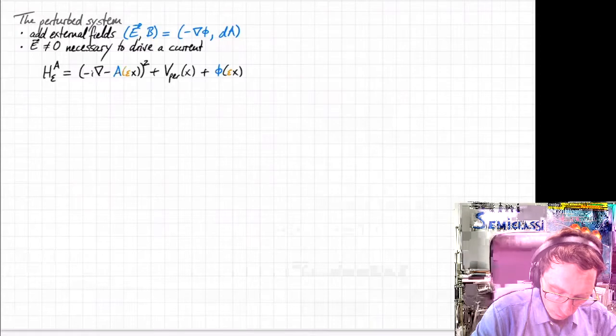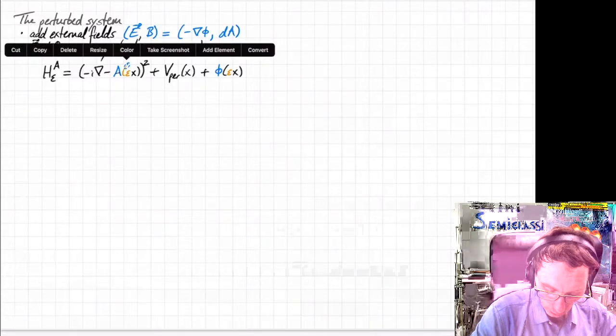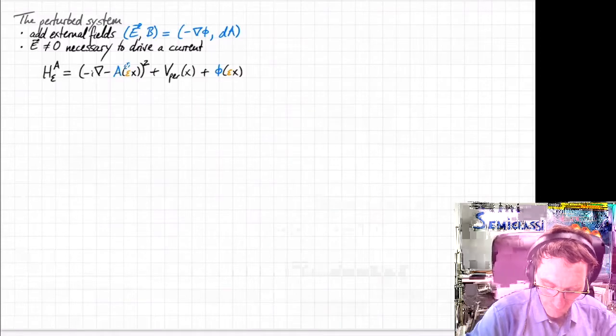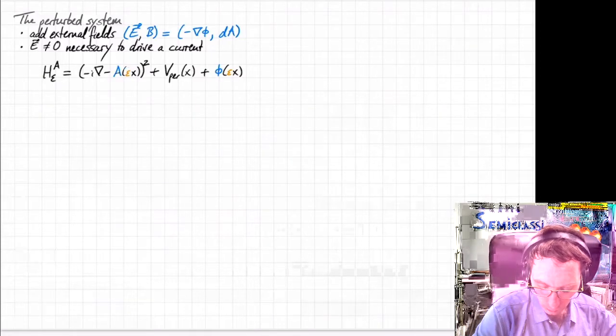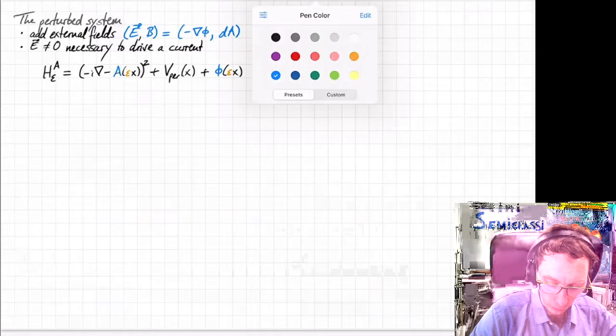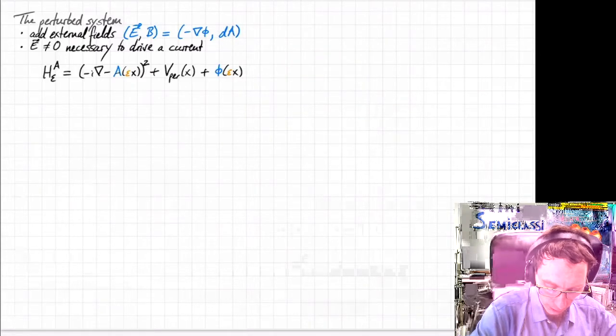The presence of this parameter epsilon is just due to the fact that the external fields are assumed to vary slowly on the scale of the crystal lattice.